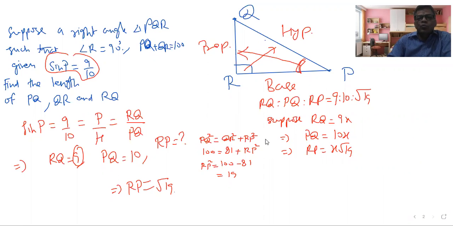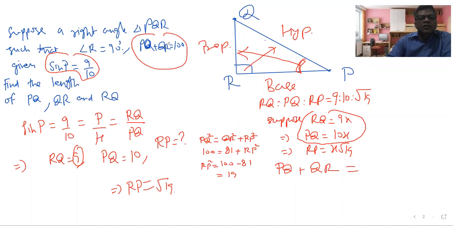Now it is also given PQ plus QR. I mean to say, this is your PQ plus QR, equal to given 100. So what is the value of RQ? That is 9x. What is the value of PQ? That is 10x. That is equal to 100.